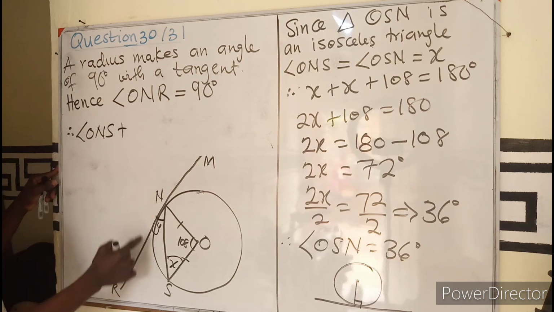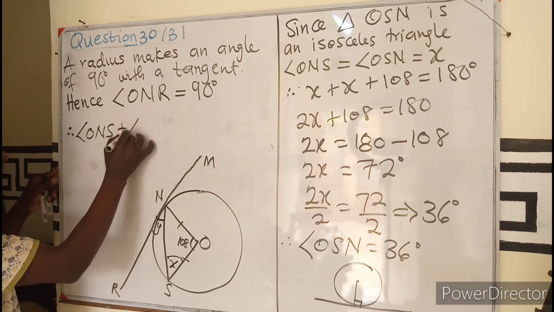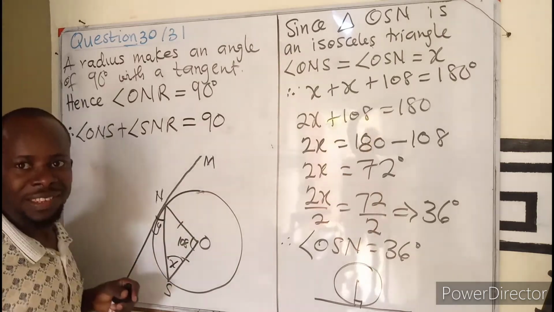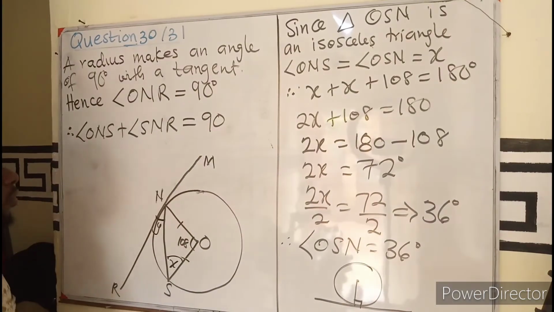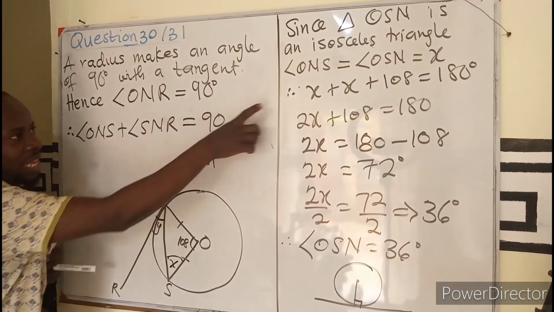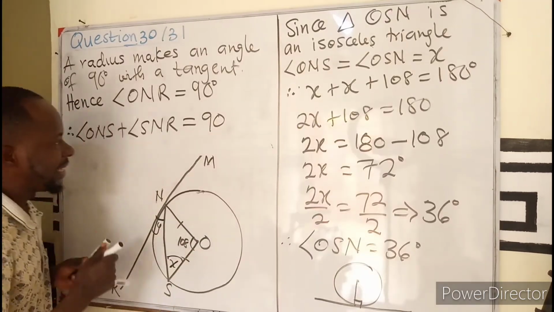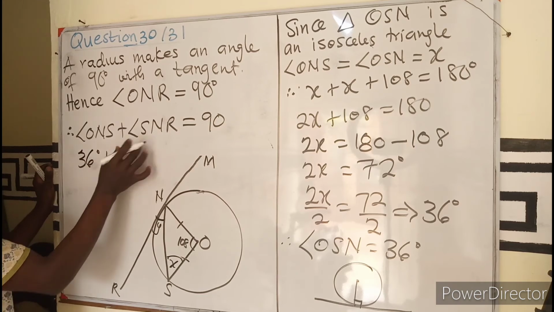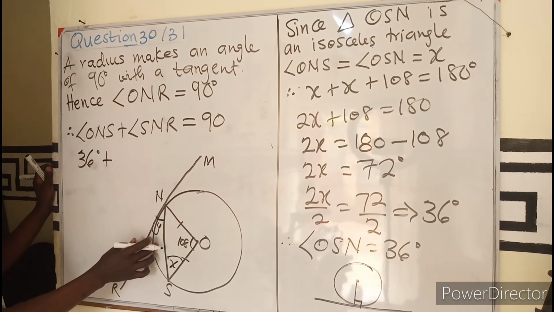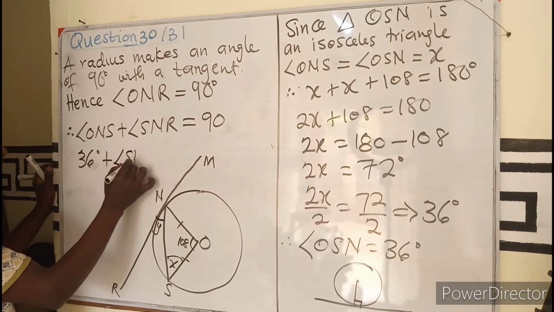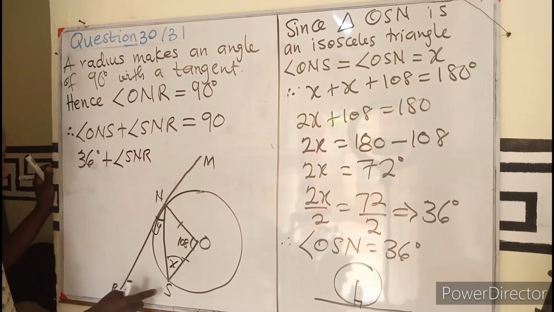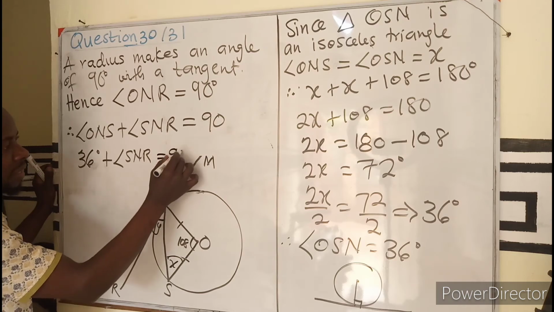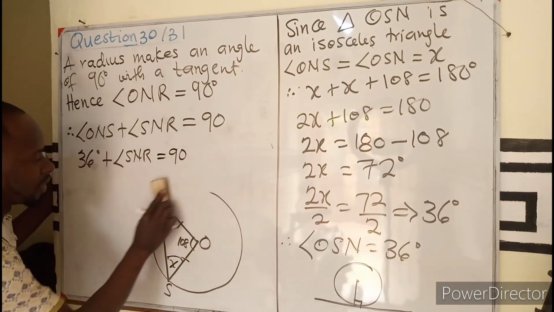Therefore, if I add the angle I just found, the angle ONS, plus the angle here, which is going to be angle SNR, it should give me 90 degrees. This angle has been found as 36. So this is going to be 36 degrees plus the angle I am asked to find, that is angle SNR, and it should give me 90 degrees.